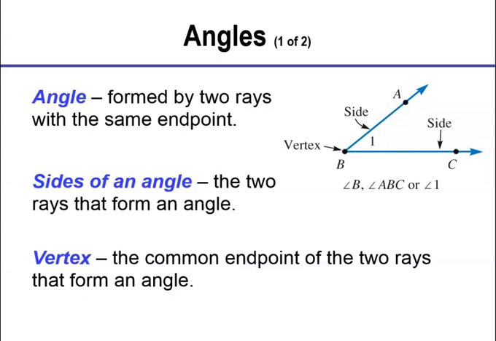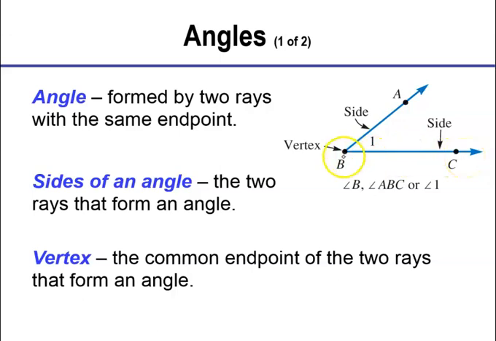Now let's discuss angles. What is an angle? An angle is formed by 2 rays with the same endpoint. So that's what an angle is. Notice we have ray BC at the bottom and ray BA angled upward there. Now, ray BA is called a side, ray BC is called a side.